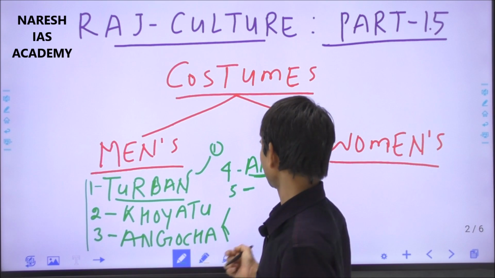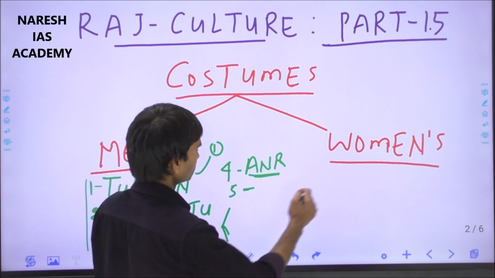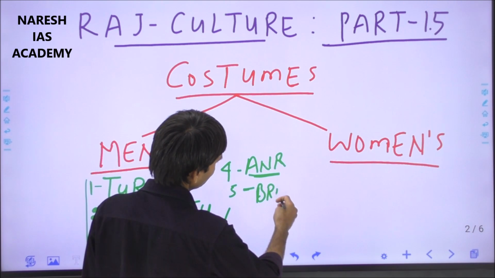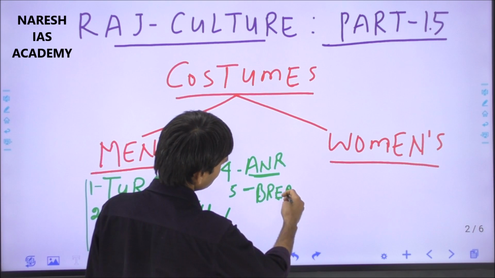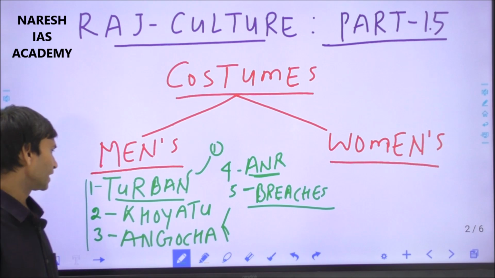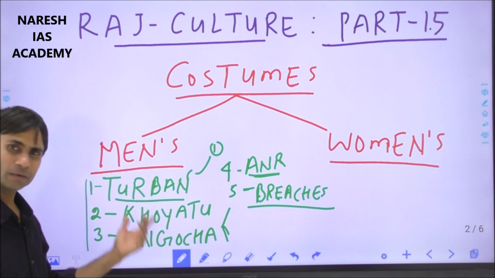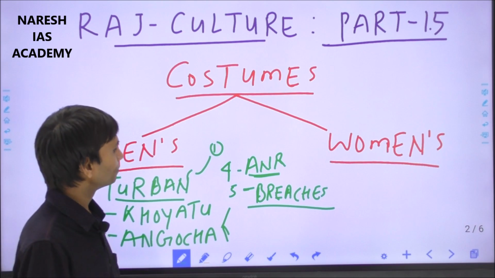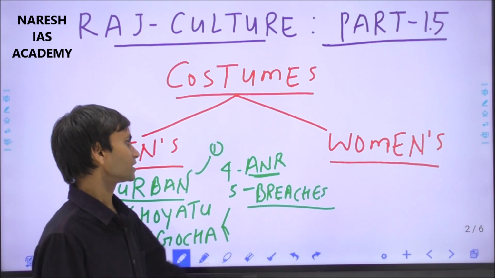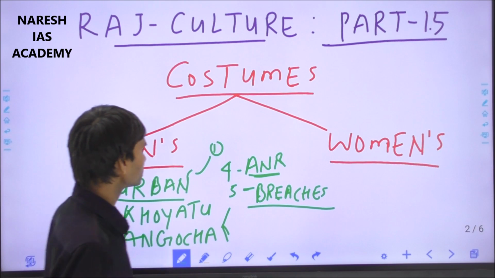Then there is breeches, a kind of trouser liked by the men, and it differs from the khoyatu or dhepada. Khoyatu is mainly worn by the tribesmen, and non-tribesmen generally prefer the breeches. So these are the important costumes liked by the men in Rajasthan.